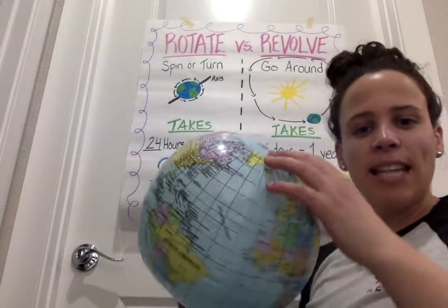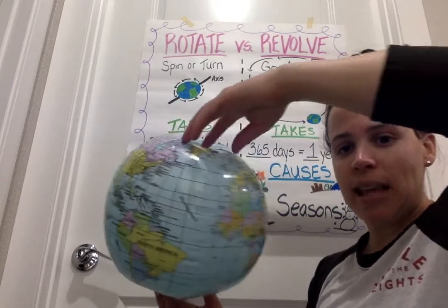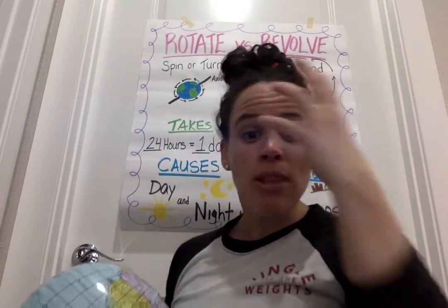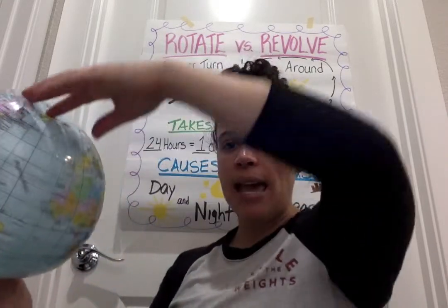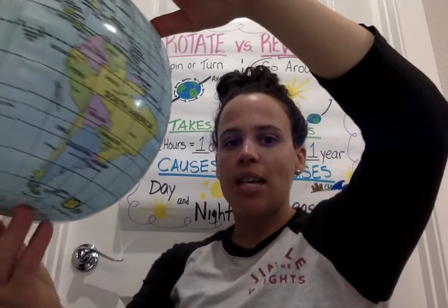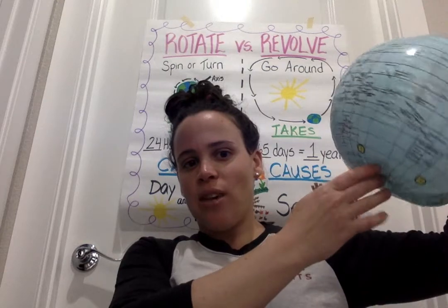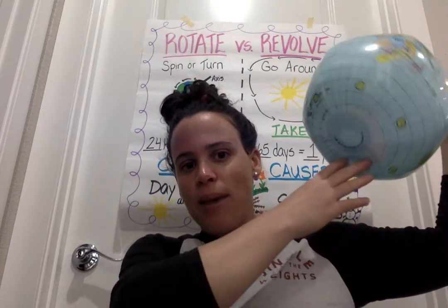So it's kind of tricky because imagine me. I'm the sun. And as the earth is revolving around the sun, it's also rotating on its axis. So you can see I'm spinning it and I'm moving it.